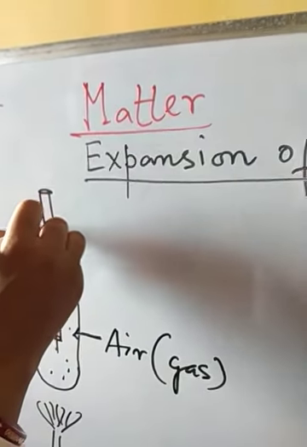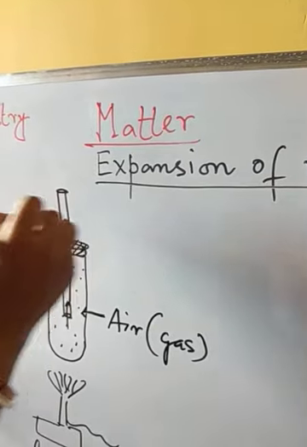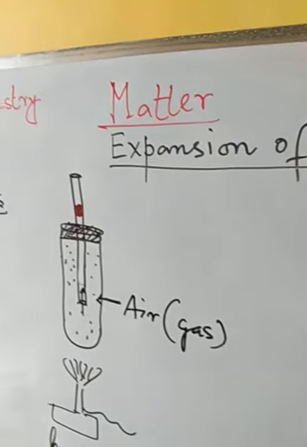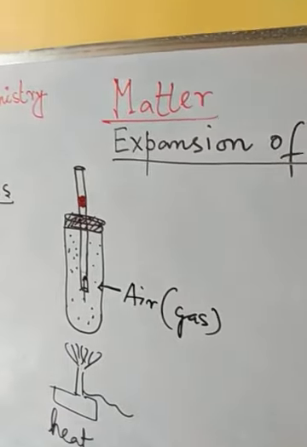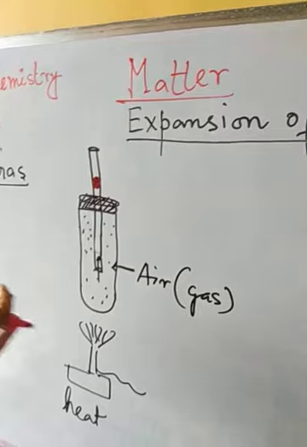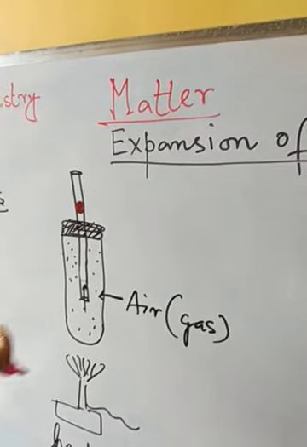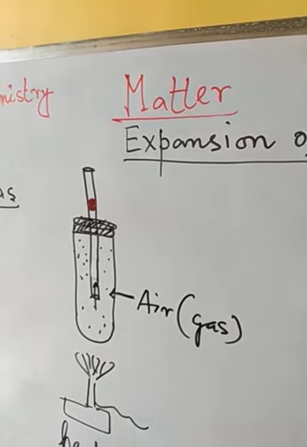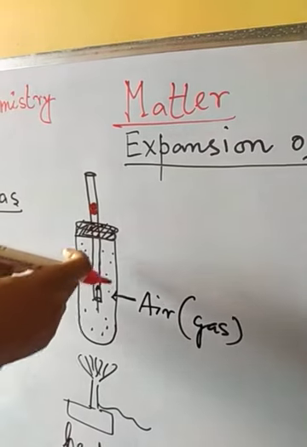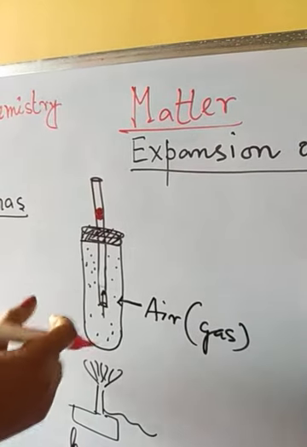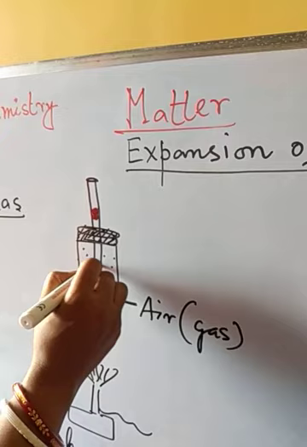The position of the liquid drop may vary. This will depend on the amount of heating, but you can clearly understand that the position of the water drop changes because of heating. At first it was there, I am drawing this together.